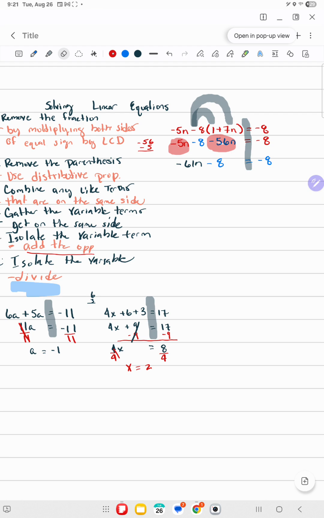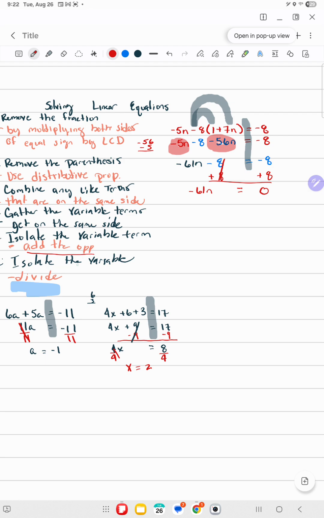So we need to move that by its opposite, adding 8 to both sides. And what do we get? We get negative 61n, the 8's cancel, equal. Now, 8's can't cancel on this side. You have to give me a number, which is 0. Negative 8 plus 8 is 0.